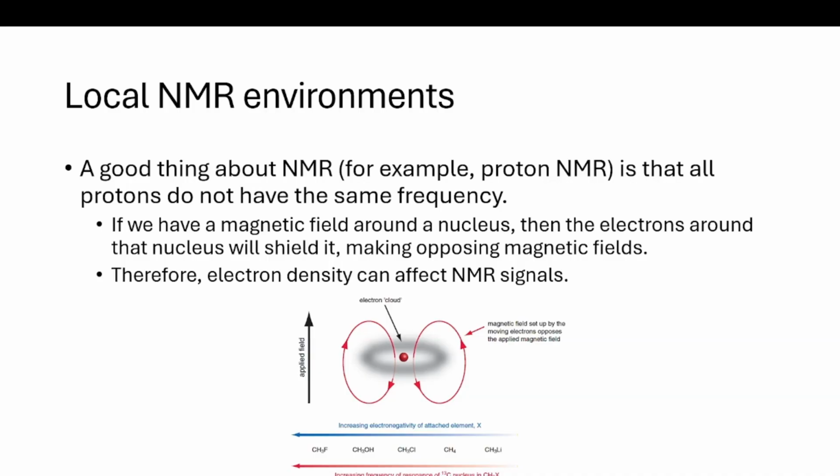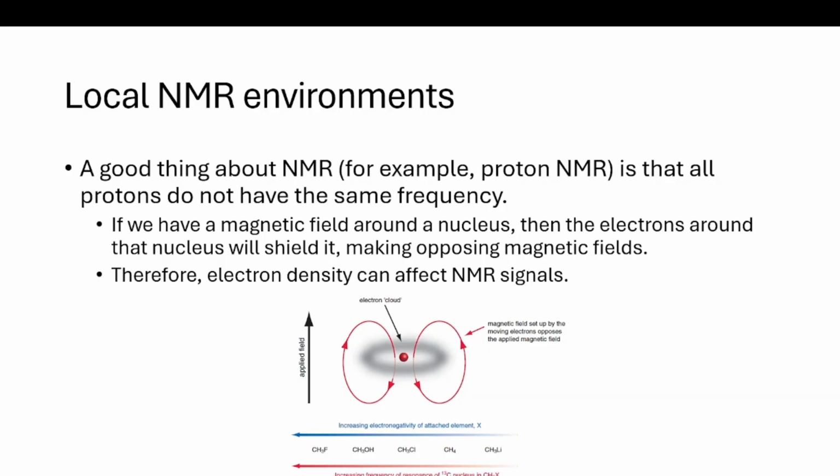Now, we're going to look at the local electron environments around these nuclei, which is very important. The reason is that if we subject these nuclei to an external magnetic field, the electrons around the nucleus will pretty much shield it, creating opposing magnetic fields.